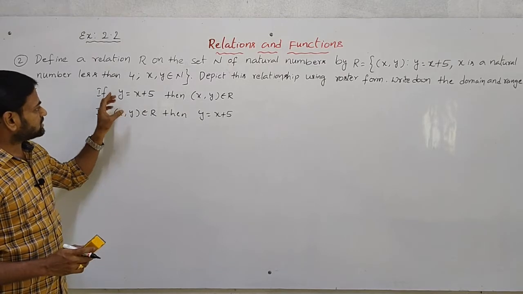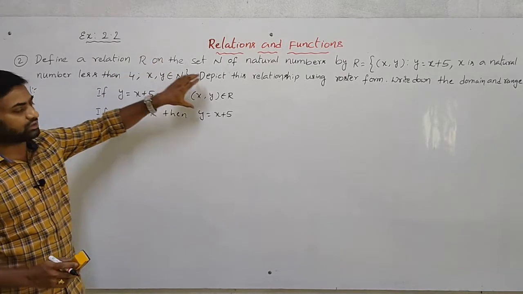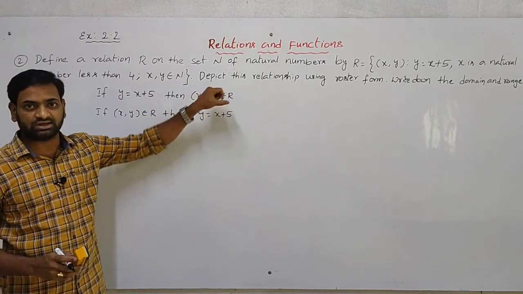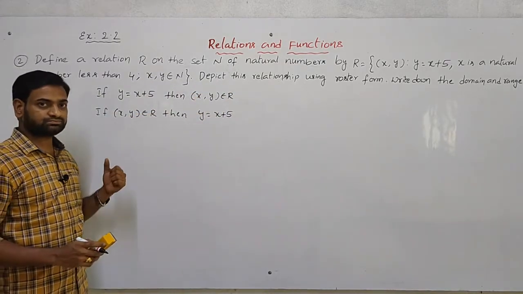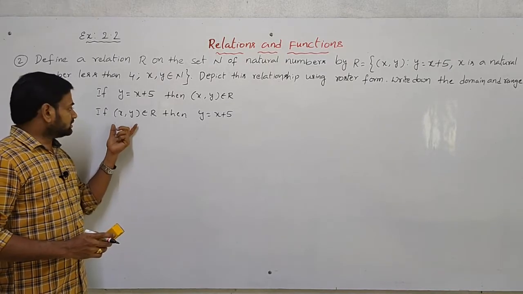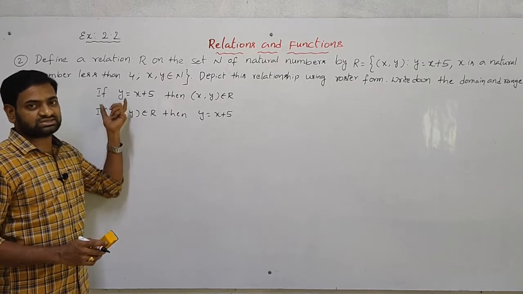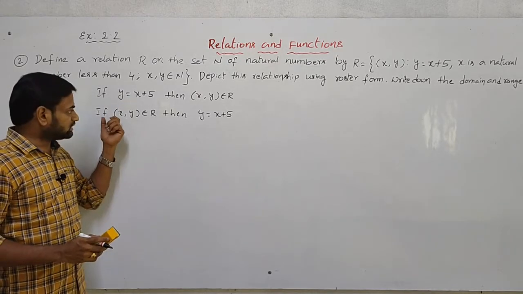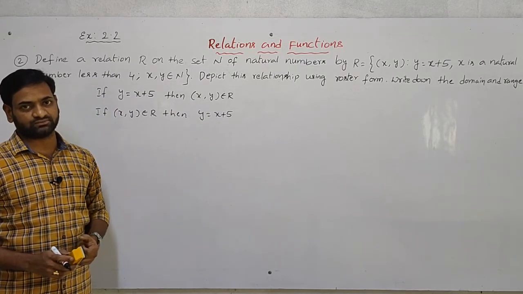The first meaning is, if the x value and y value satisfy this equation, then the ordered pair (x, y) is in the relation. Suppose any ordered pair (x, y) is in the relation, then that ordered pair should satisfy y equal to x plus 5.